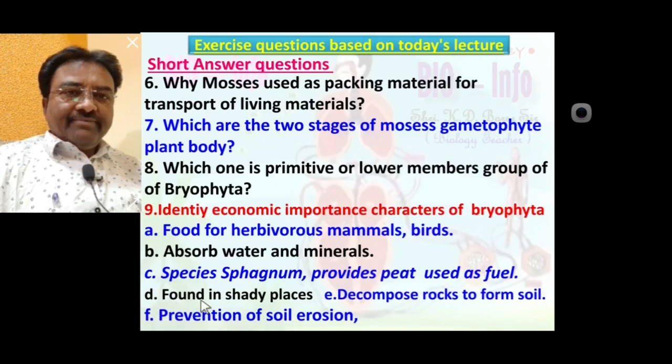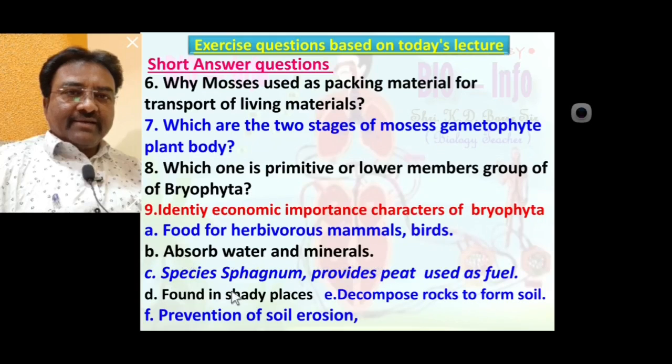D, found in shady places. E, decompose rock to form soil. And F, prevention of soil erosion. Identify economic important characters of Bryophyta. Here A, B, C, D, E, F characters are noted. A is an economic important character. B is not.